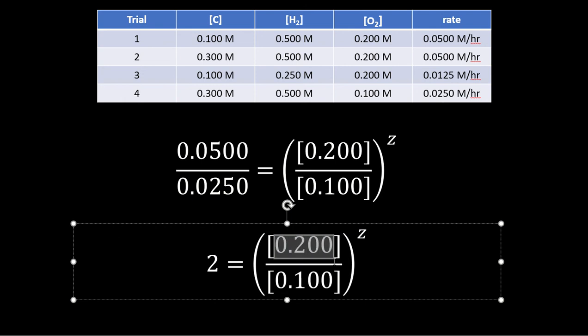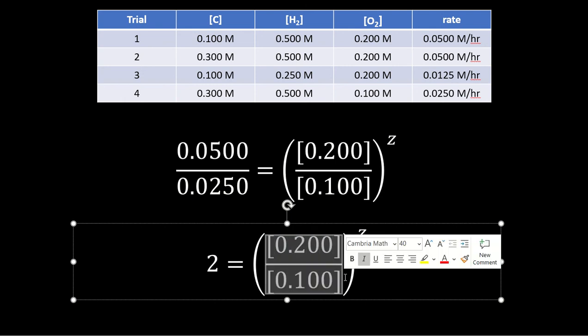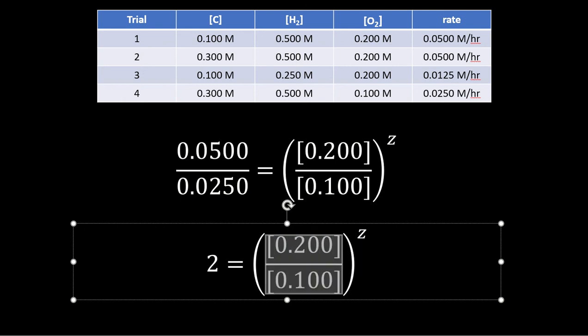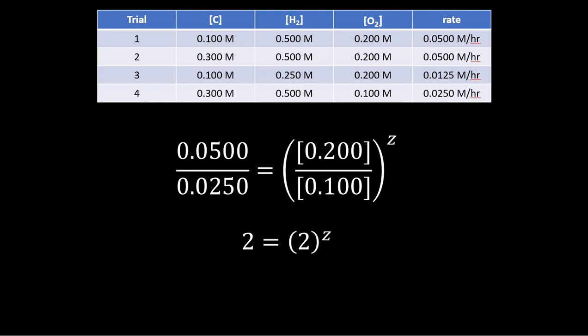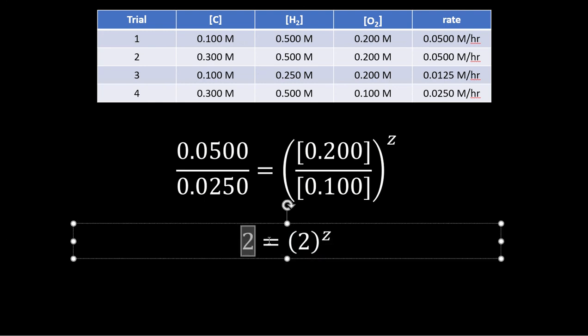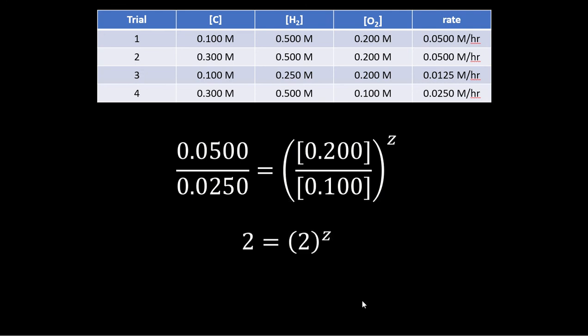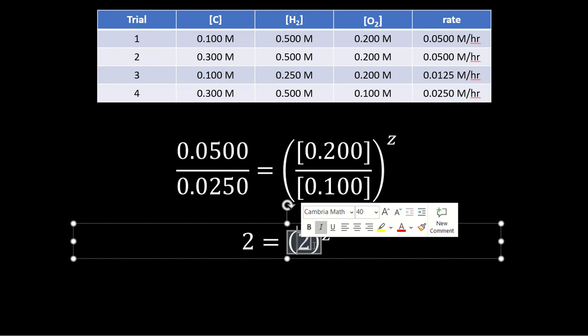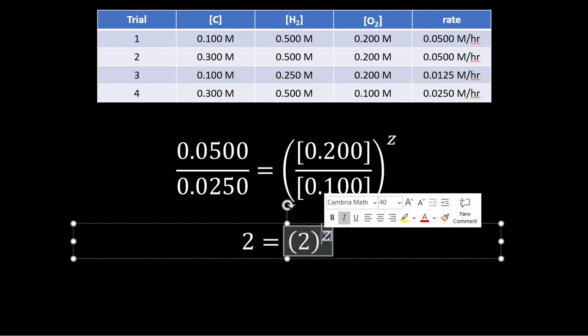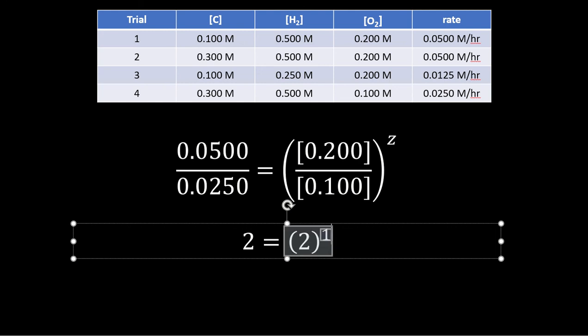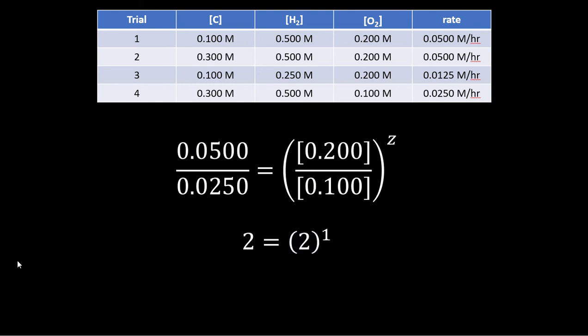0.2 divided by 0.1, or 2 divided by 1, that would just be 2 as well. Now, we have the situation where we have some value equals itself raised to some exponent. Well, that basically means that in order for 2 raised to some exponent to equal itself, that exponent has to be 1, because anything raised to 1 just equals itself.